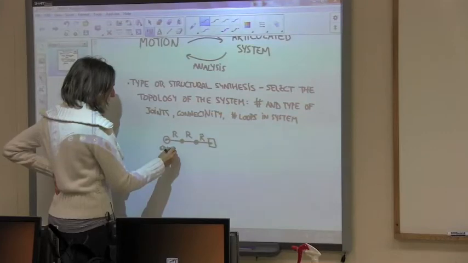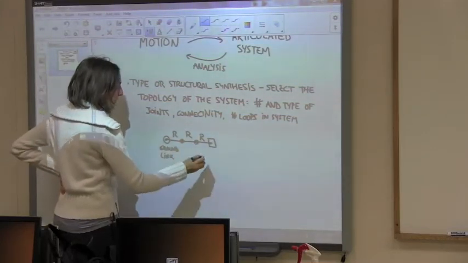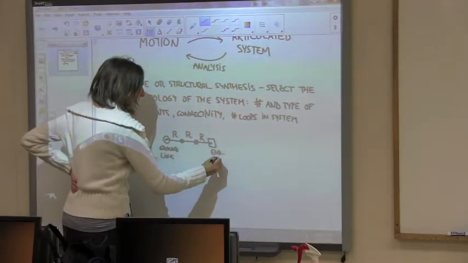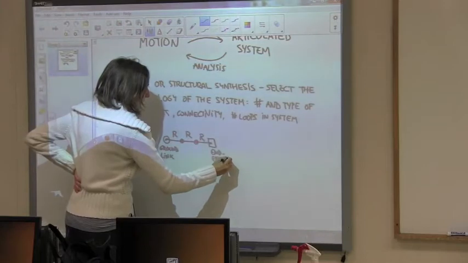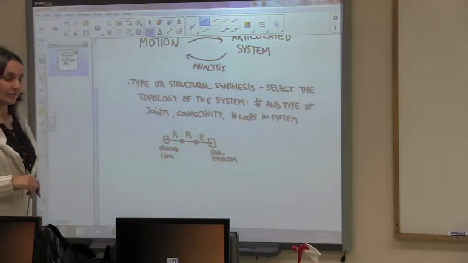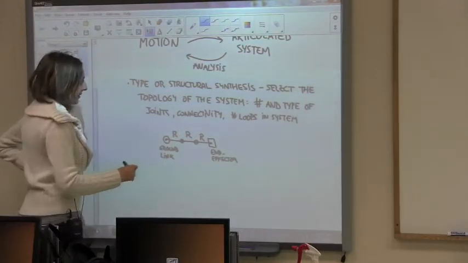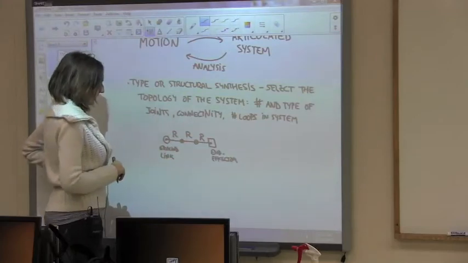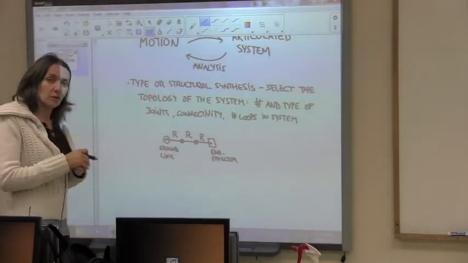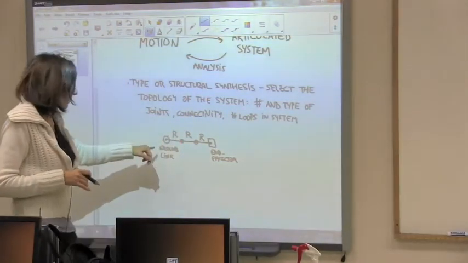So this will be a serial 3R manipulator. Our linkages will always be grounded. No, we are not doing mobile robots or flying robots, so we'll always have a ground link.